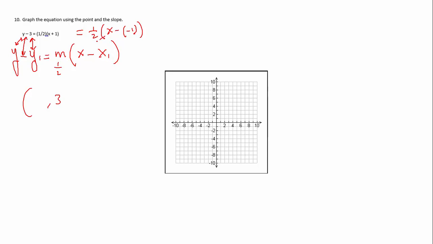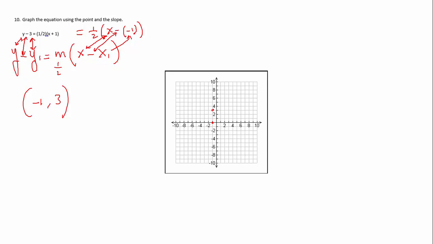But now we can compare. X is x, the minus here is minus, so x1 becomes -1. So the point is -1, 3, and the slope is 1/2. Let's plot this point -1, 3. So along the graph I have x is -1, this is -1, and then plus 3, 1, 2, 3.